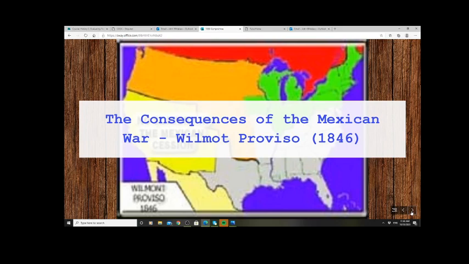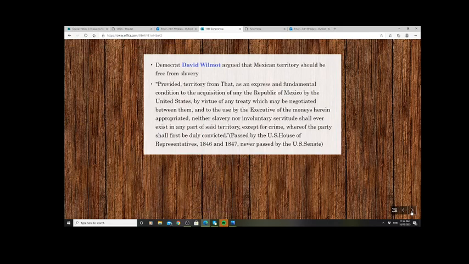War with Mexico is about territory, and people know it, and Wilmot knows it, and the Wilmot Proviso that is put to Congress knows it, because he states within it, as I said even before the war is over, that territory that comes from the Republic of Mexico must, once it's negotiated, once it is sorted, once territory has been paid for, should neither have slavery nor involuntary servitude exist within it, except for crime whereof the parties shall first be duly convicted.